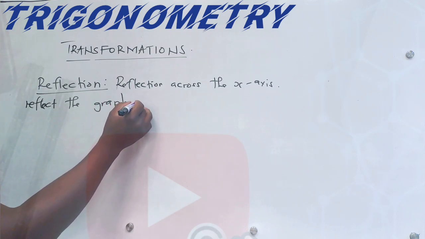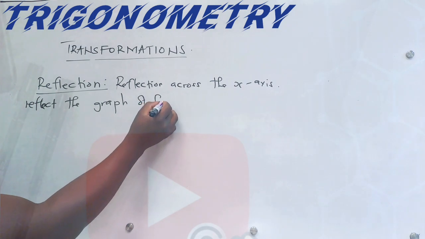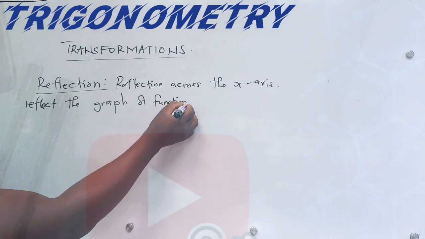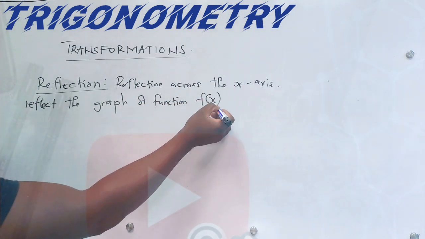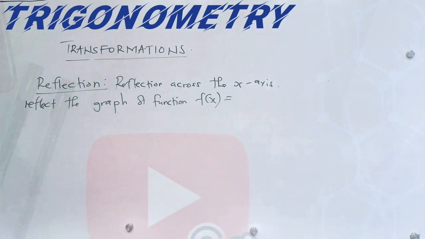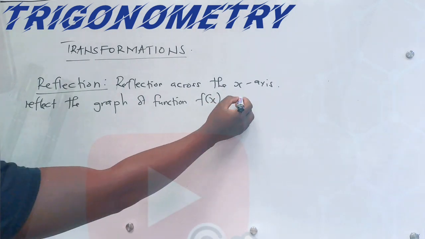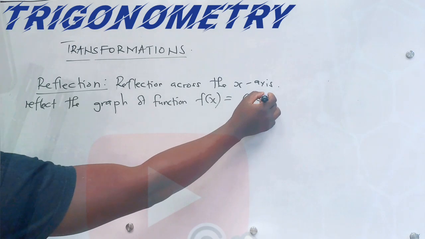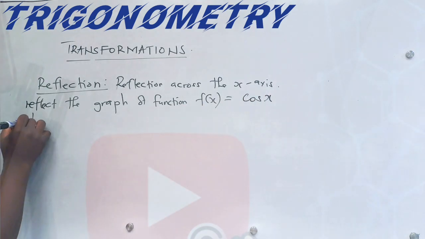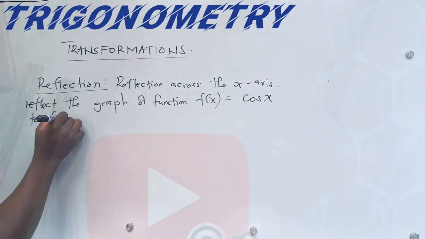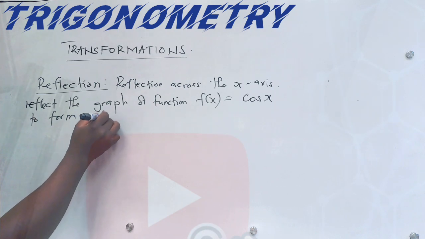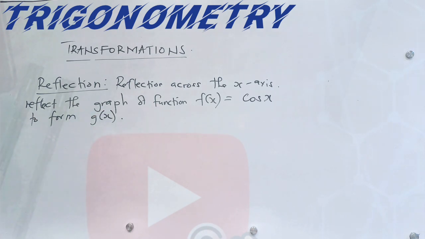Let me say the graph of function f of x is equal to cos x to form g of x.